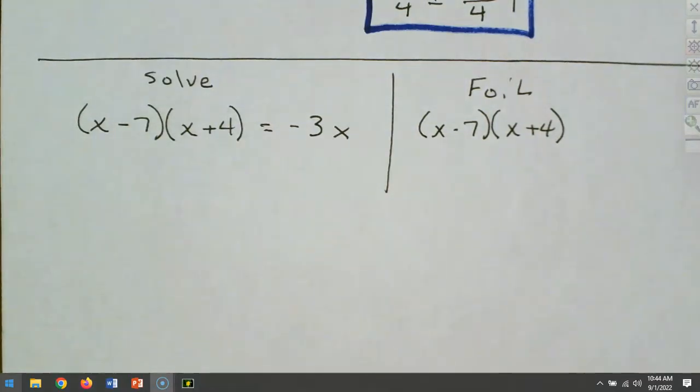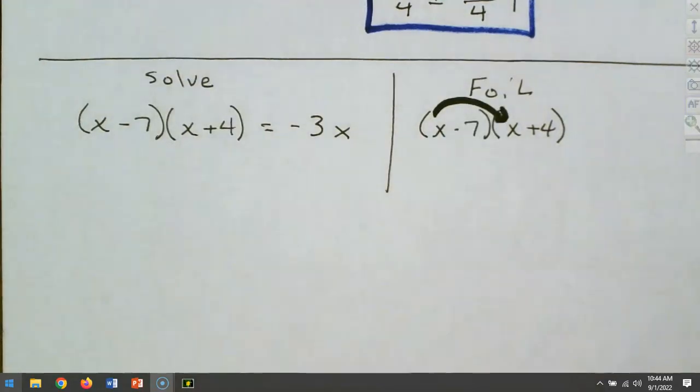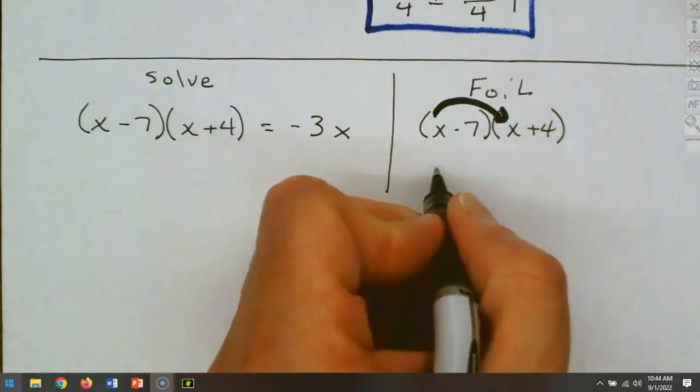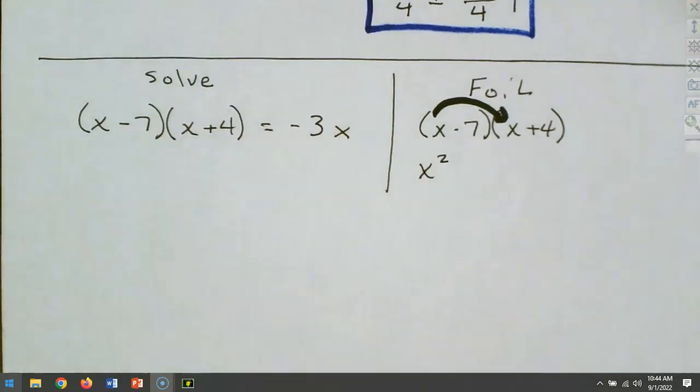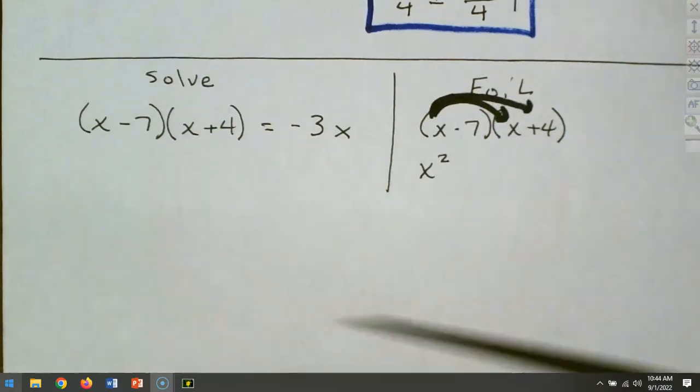Okay, when we do our FOIL method, we take the first times the first. And we're going to use this technique a lot in 1-5 when we have these applications. So we're going to go ahead and multiply x times x. That makes it an x squared. Outside times outside. Well, that's here. So that's x times the 4.